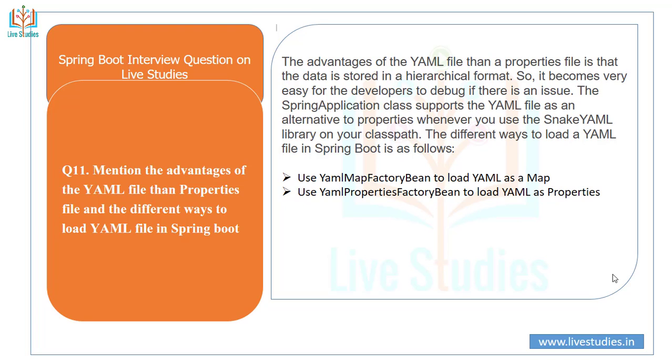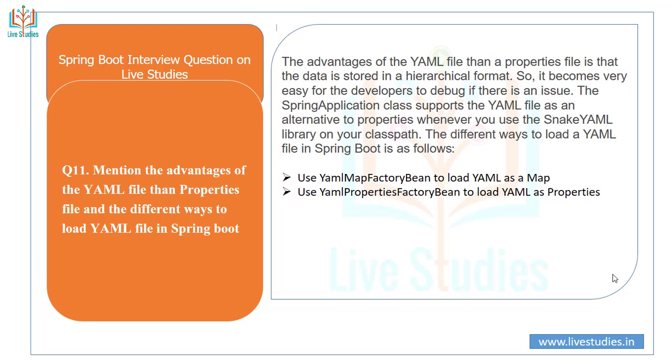Another question: what is the advantage of a YML file over a properties file, and what are the different ways to load a YML file in Spring Boot? The advantage of a YML file over a properties file is that the data is stored in a hierarchical format, so it becomes very easy for the developer to debug if there is an issue.